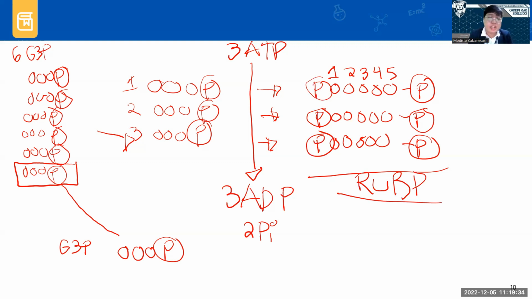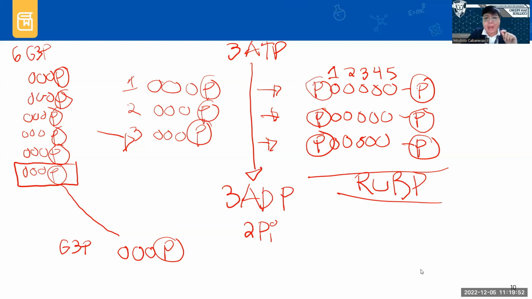So that's the end of the third phase. And this RUBP molecule will again meet with another carbon later on, para maka-successful siya na produce ng isang glucose molecule.